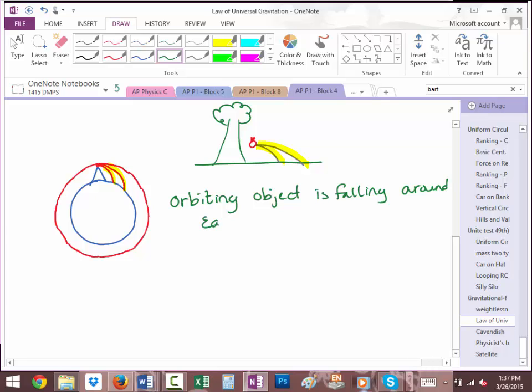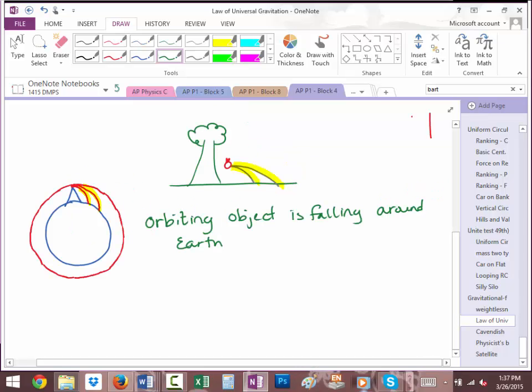Around the Earth, or whatever it is, around the Sun, around Jupiter, around a moon, around whatever. It's falling due to the acceleration of gravity.